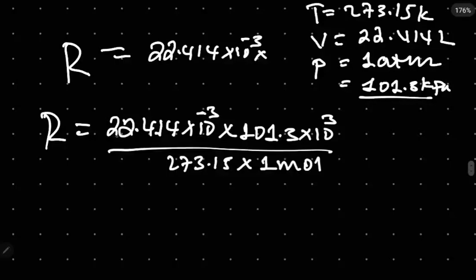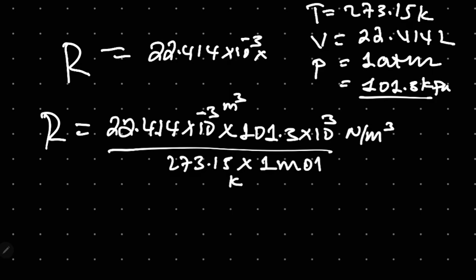So for volume, we take 22.414 times 10 to the power of minus 3 meter cube, and the pressure is 101.3 kilopascal, meaning 101.3 times 10 to the power of 3 Newton per meter square, which is the unit for Pascal. So here is Kelvin at STP, and here you have mole.